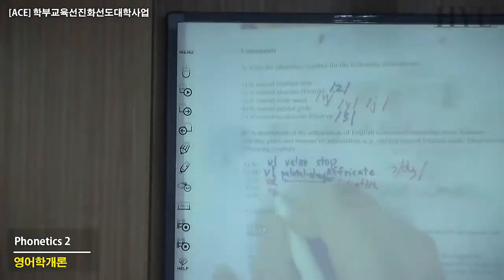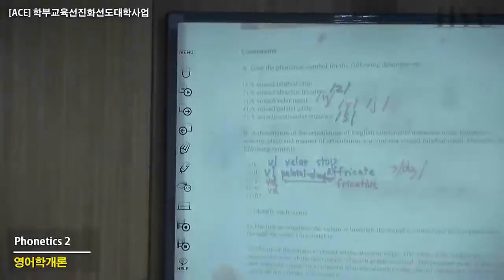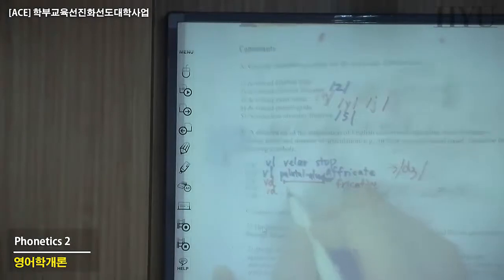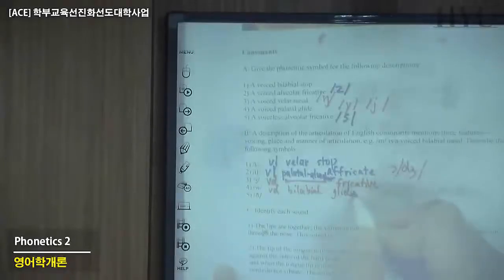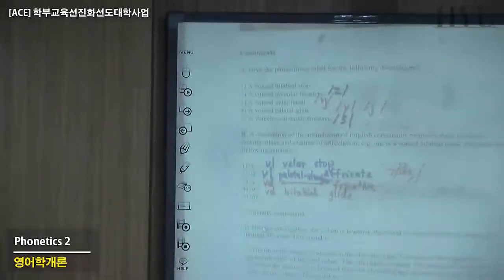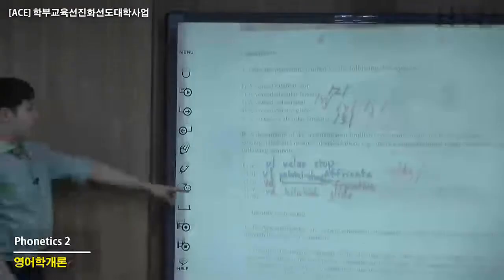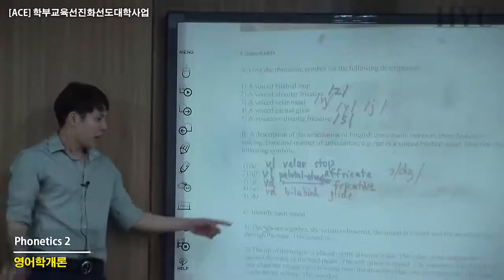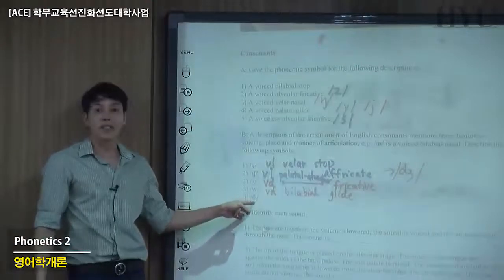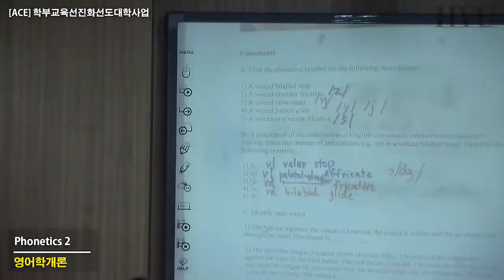Number 4, W is always voiced, right? And what place of articulation do you use to produce it? Bilabial, lips, right? And then it's a glide, right? And finally, number 5, the D with the stroke above it. This one is definitely voiced, right?